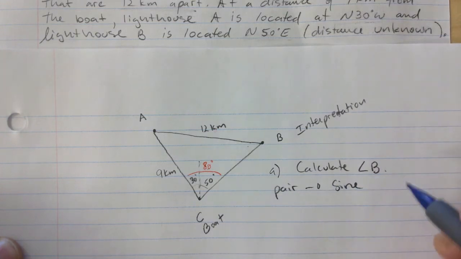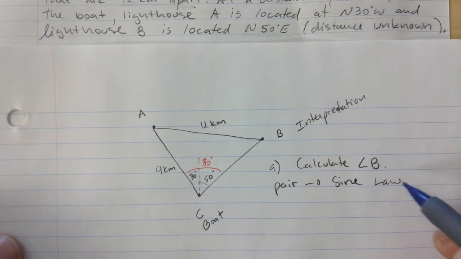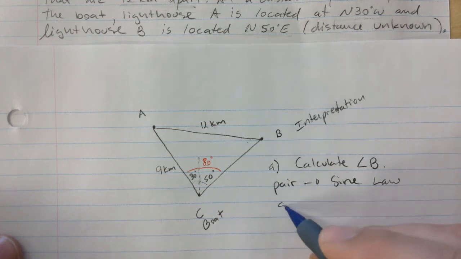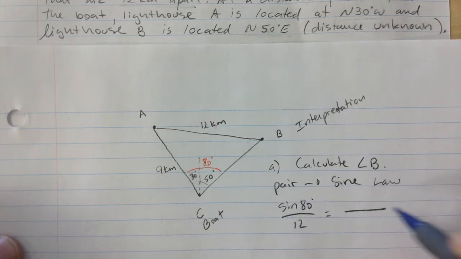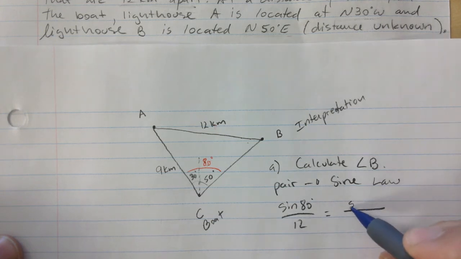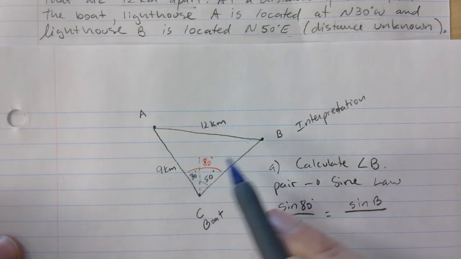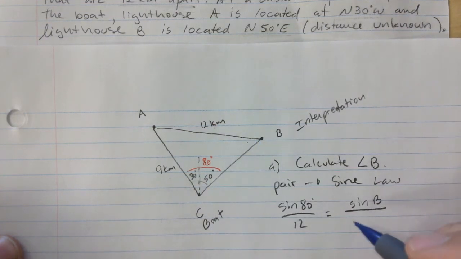After today, my goal is to do cosine law after the ceremony. We know it's sine law because you have a pair. So sine of 80, and this is the part that you should know already. They happen to give us the side across from the angle we're interested in anyway, so that is 9.